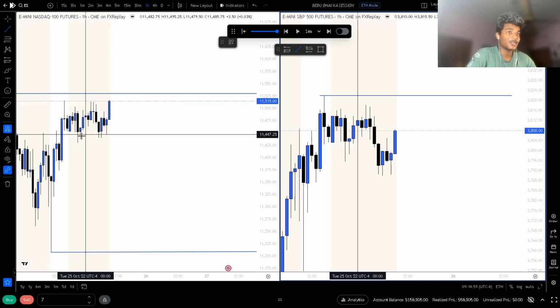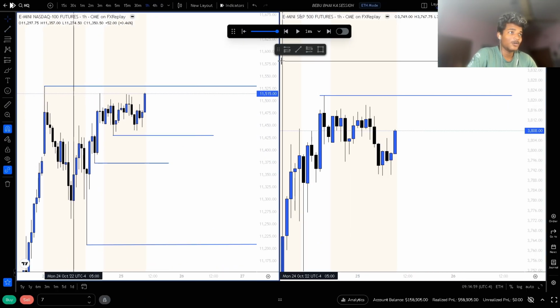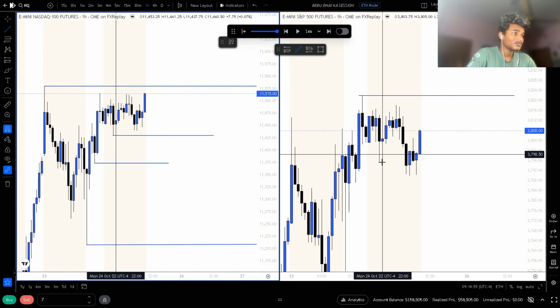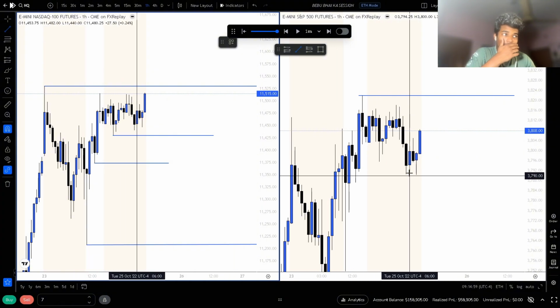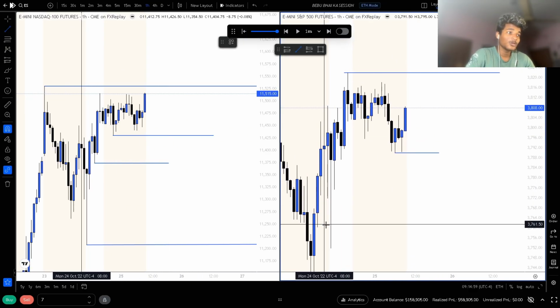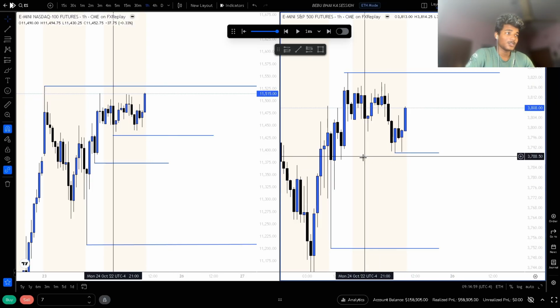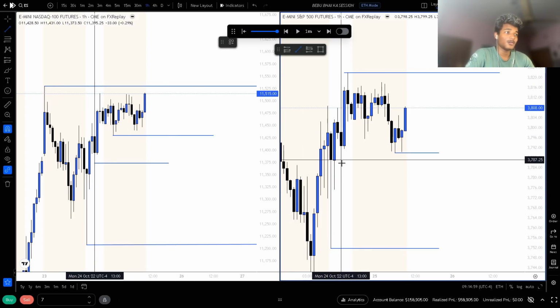Oh my god, I want a manipulation on the downside. Take out this low to actually take any longs. So we actually have bullish SMT, but I do want some manipulation on the downside.